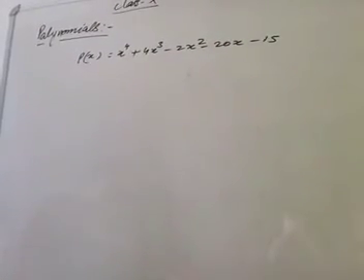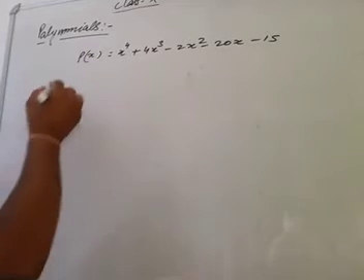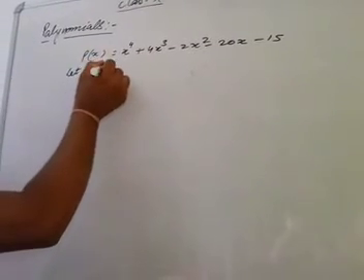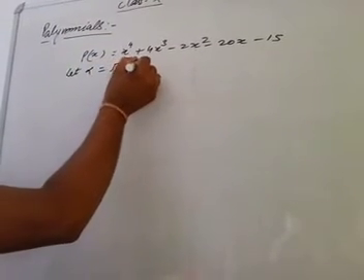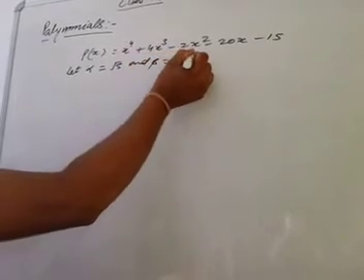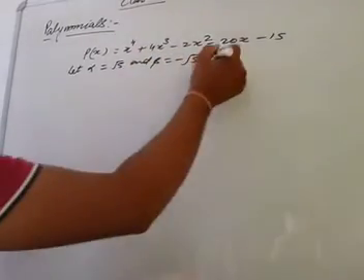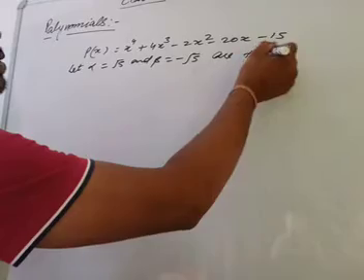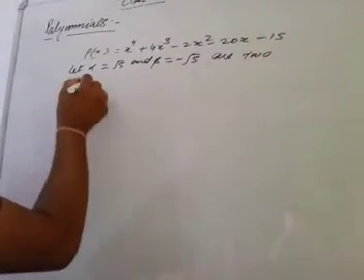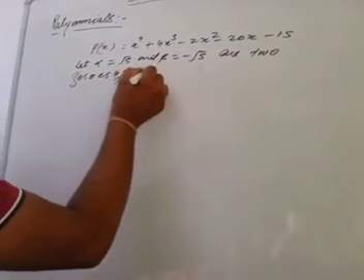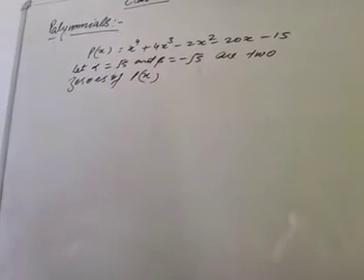This is the polynomial, and two zeros are given. Let alpha be root 5 and beta be minus root 5. These are the two zeros of the polynomial.